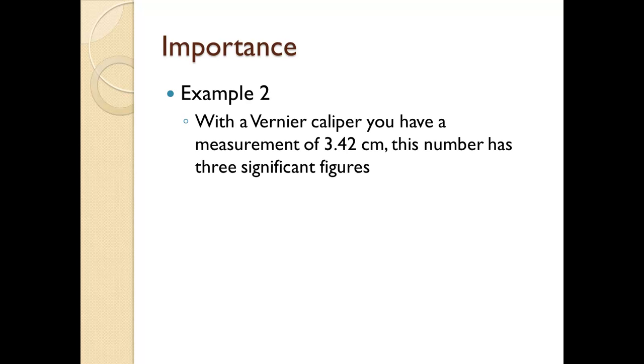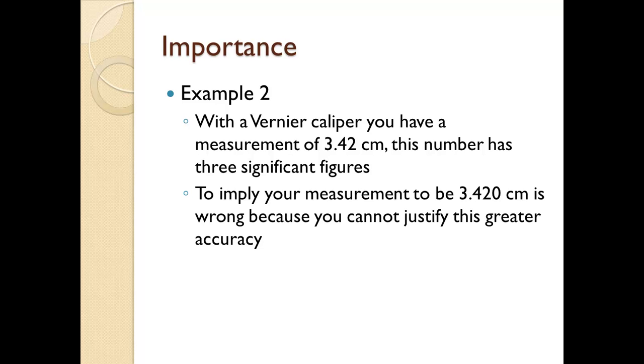For the vernier caliper now, if I have a measurement of 3.42 centimeters, this measurement has three significant figures. To imply that if I were to have a measurement of 3.420 centimeters is not correct, because again, I cannot justify this greater accuracy.